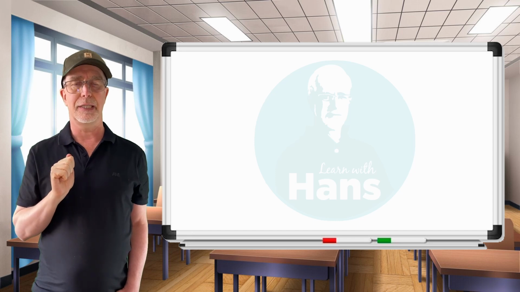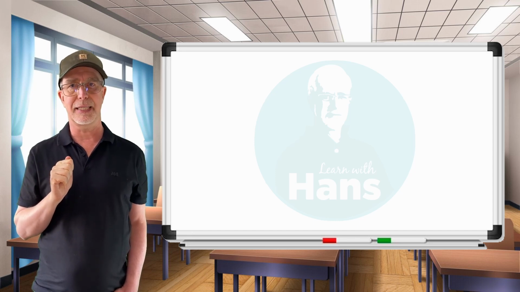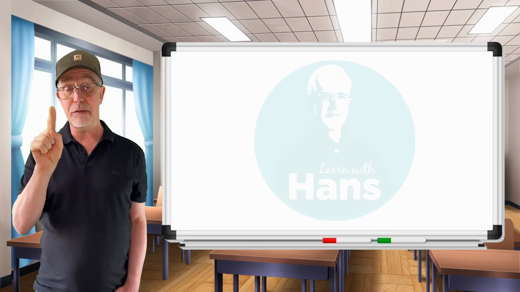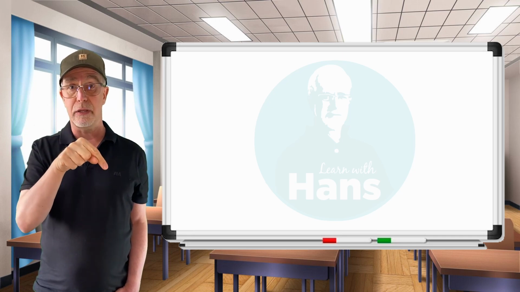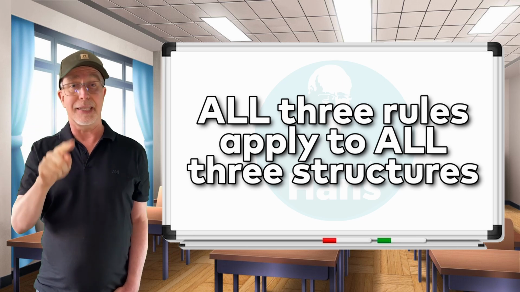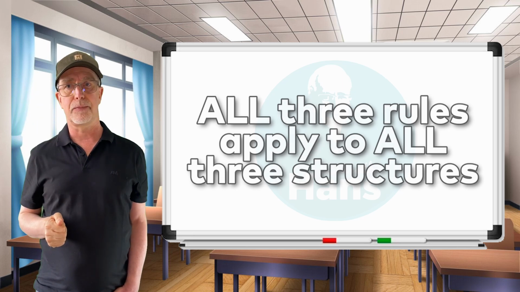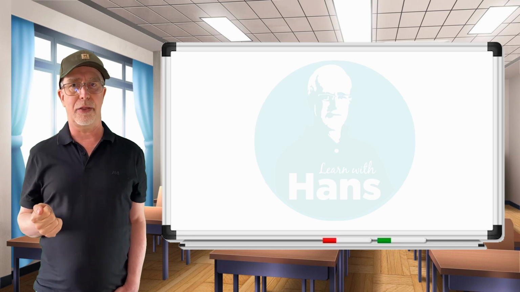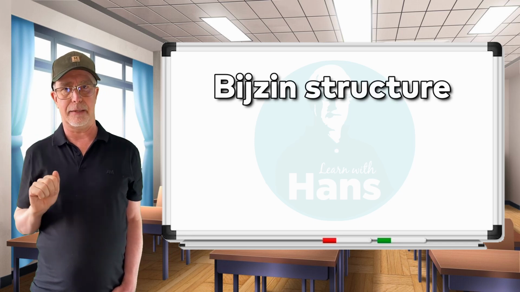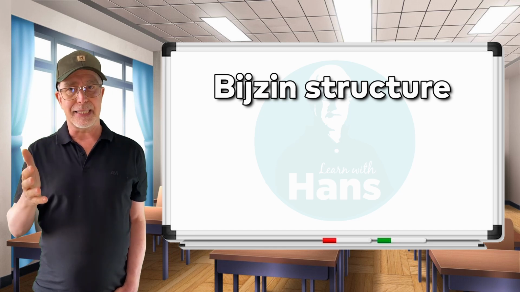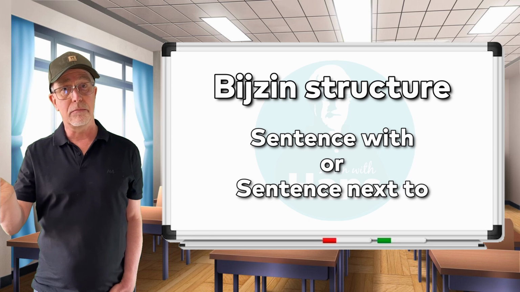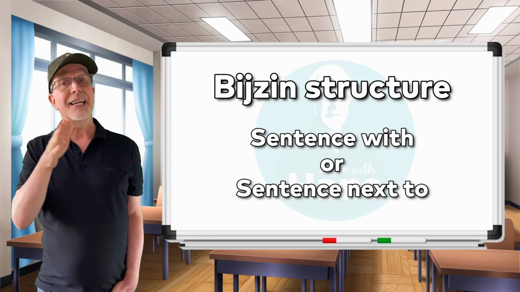That structure is a little bit more complicated, but the rules are simple. Oh, and don't forget what we started with, that yes, these rules are for each structure. They include this third structure. Now, what is this third structure? It's called bijzin. Bijzin literally means sentence with or sentence next to.